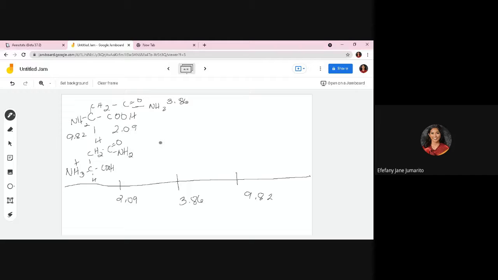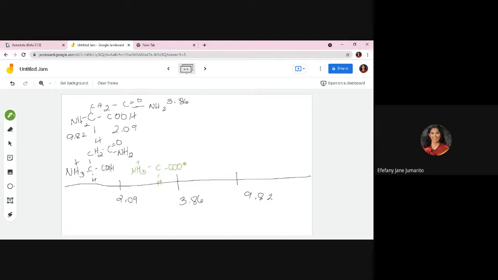All right. Now let's go back. Okay. So we have this one. Now after 2.09, what will happen? It will become, so let's just copy, the NH3 is protonated, then the C, then what will happen to COOH?